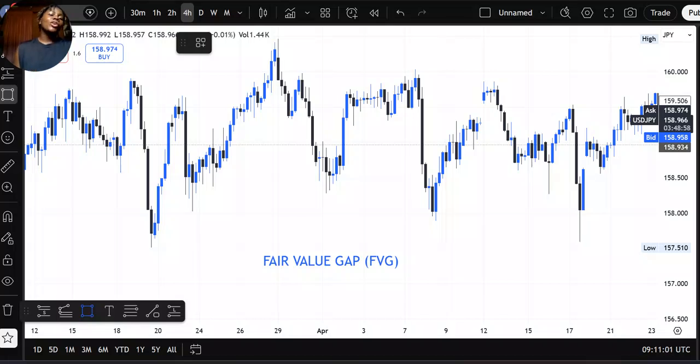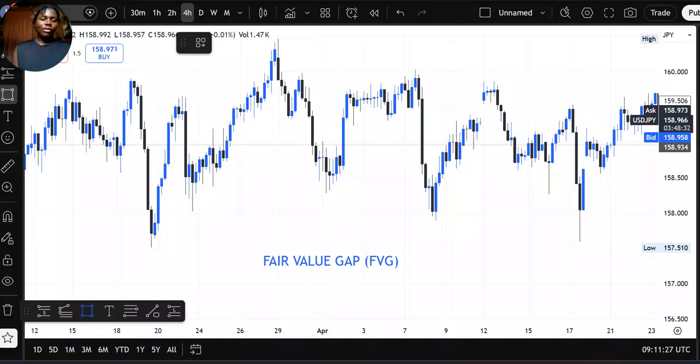So which is why we call it an imbalance, because at this point price is not balanced. The whole point it moved from to, there's a very big imbalance there, because it didn't happen the way the market is supposed to move, which is creating higher highs, higher lows, lower highs, all of that.